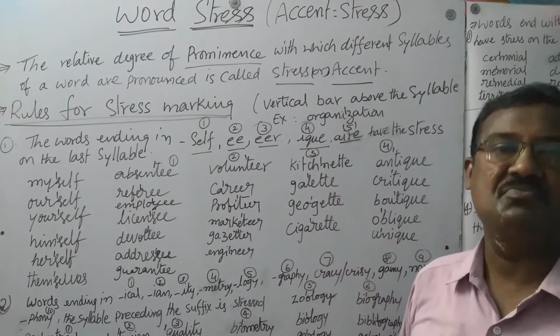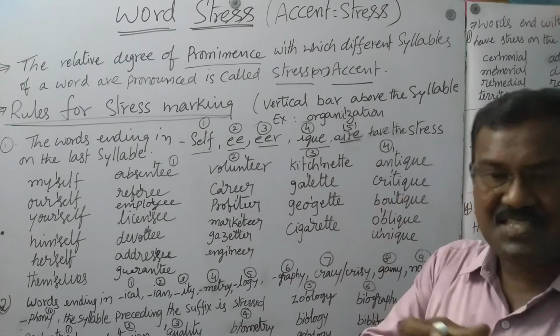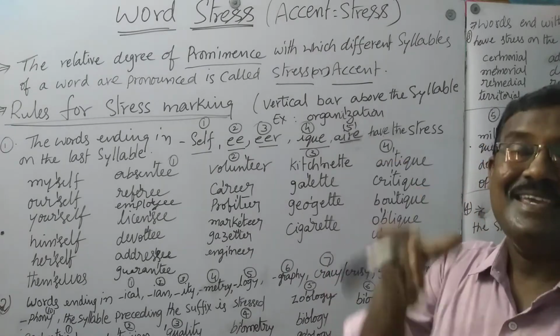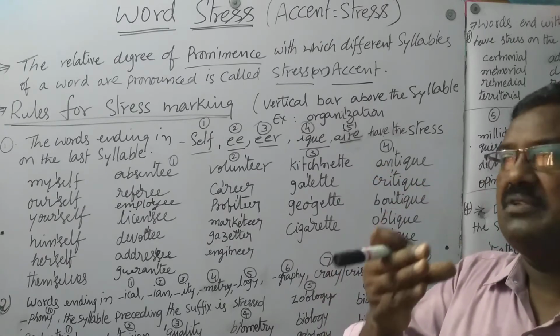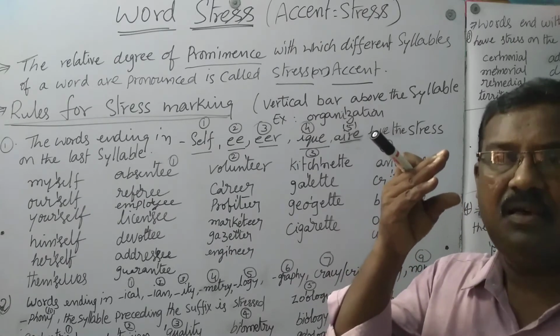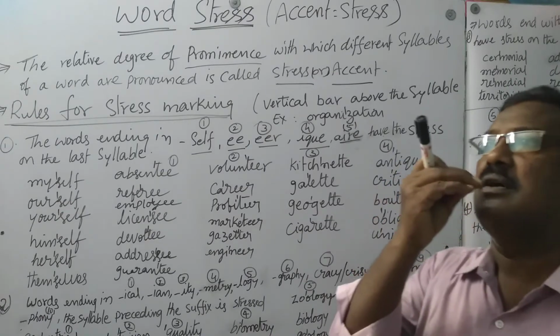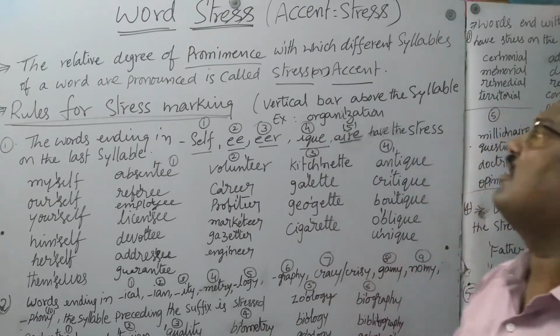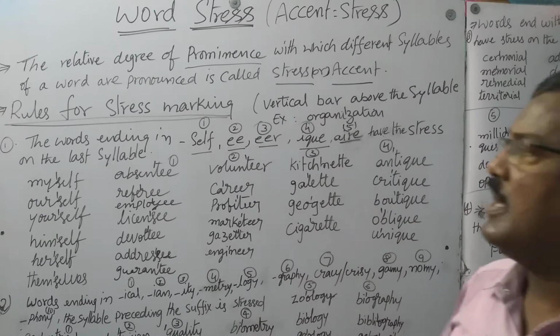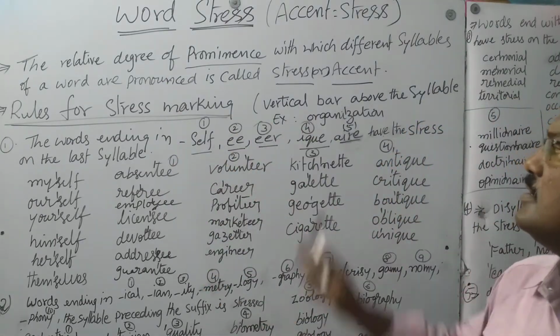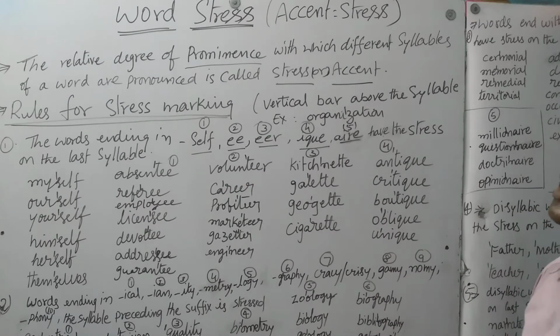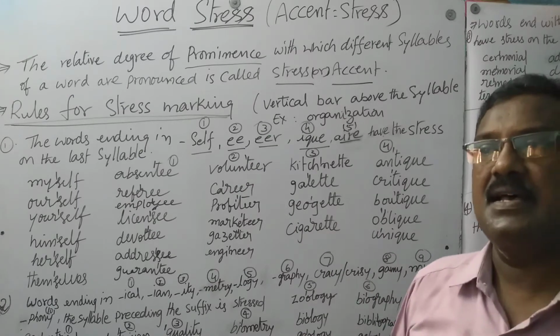One syllable of the word we have to stress, means we have to use extra force, extra sound. That is called stress. Now here some rules are there to use the stress mark near the syllable.